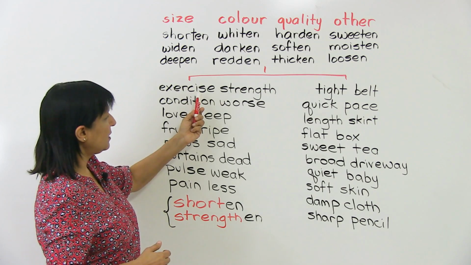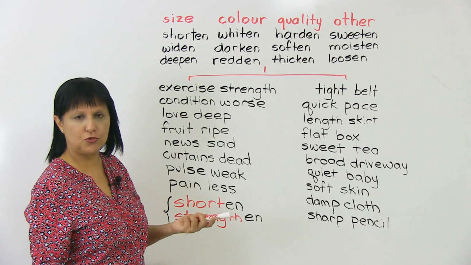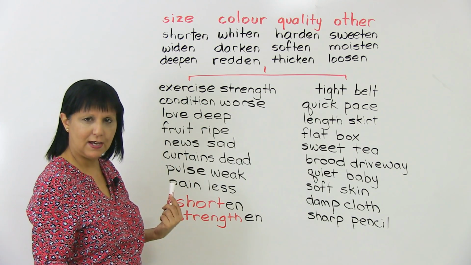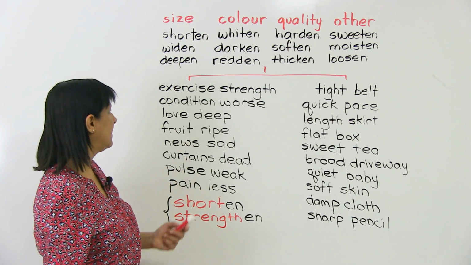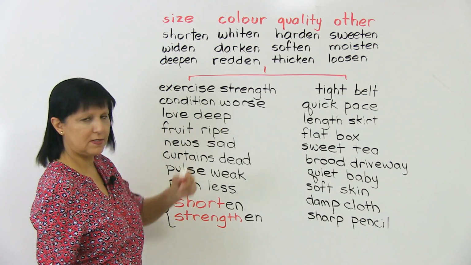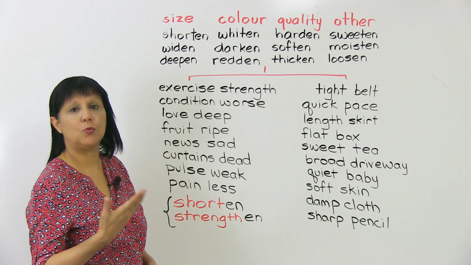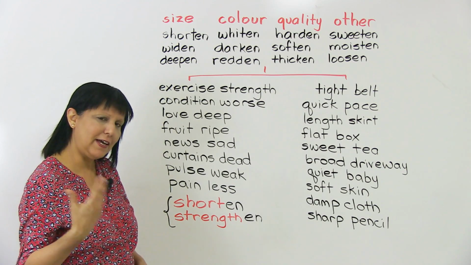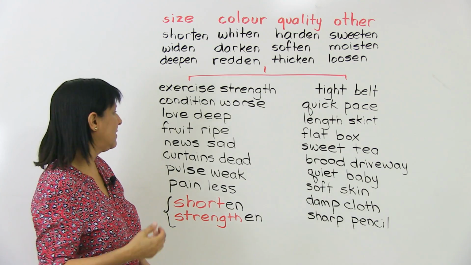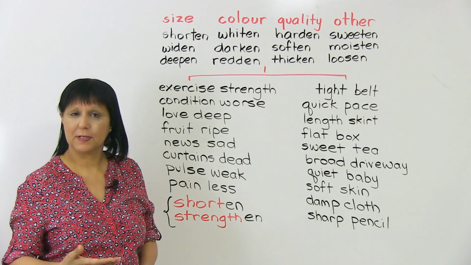So, for example, here we have exercise, strength. The exercise strengthened his muscles. Okay? Condition, worse. Her condition worsened. Okay? Good. If you get the hang of it, you can say it along with me. Love, deep.